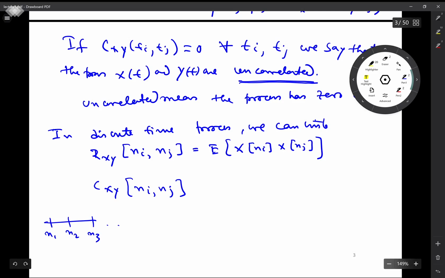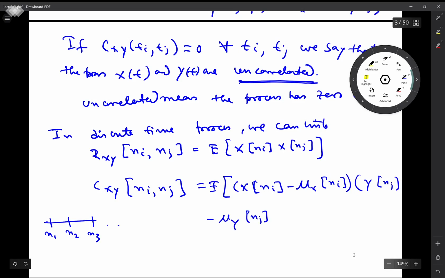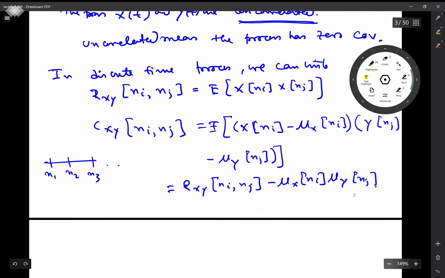So Cxy(ni, nj) will be equal to E of [X(ni) minus mu x(ni)] into [Y(nj) minus mu y(nj)]. That's it. Or similarly, it equals Rxy(ni, nj) minus mu x(ni) mu y(nj). Okay, this is the whole point.